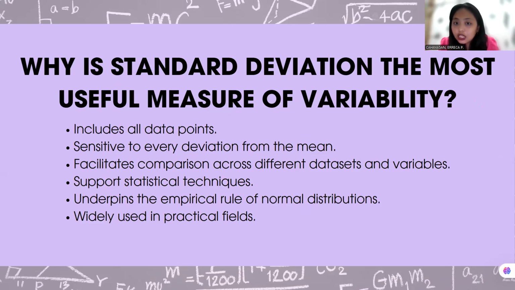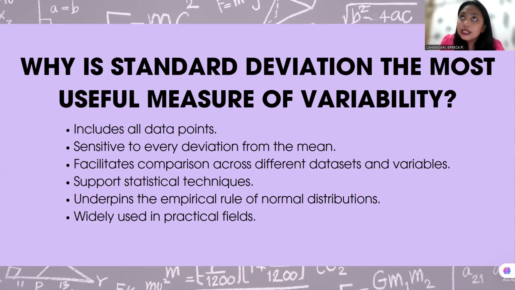In addition, standard deviation enables meaningful comparison across different data sets and variables. It also supports statistical techniques, which are statistical analyses that include hypothesis testing and probability estimation. The empirical rule helps interpret data within a normal distribution.